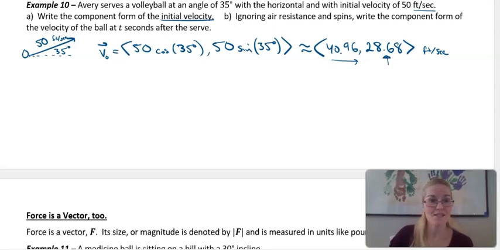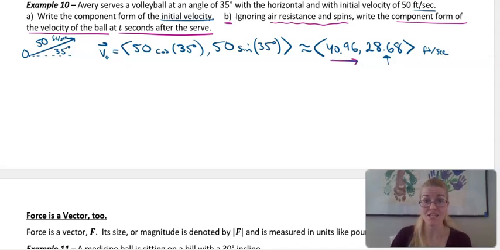Now, this leads us to question B. Ignoring air resistance and spins, write the component form of the velocity of the ball at t seconds after the serve. So what happens horizontally? Again, assuming there's no air resistance or spins, the ball is just going to keep moving horizontally at 40.96 feet per second.